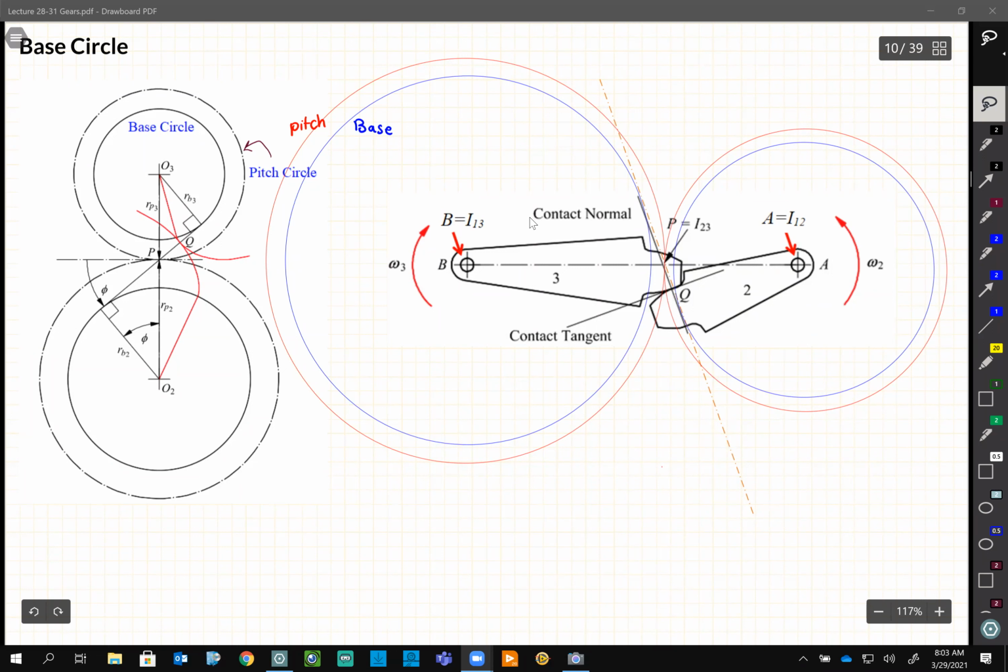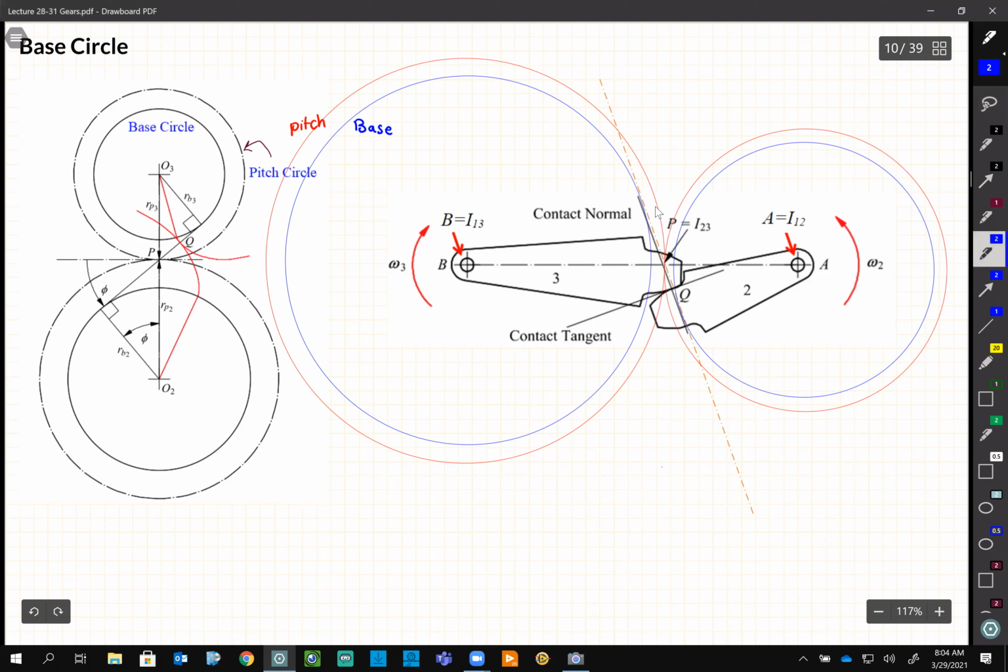So this is what we call a contact normal. And we'll find point P, which is basically the instant center of these two gears at this moment. And then we find our base circle by drawing a circle which is tangent to this normal. And the pitch circle, of course, is a circle with its center passing through the pitch point, or point P.